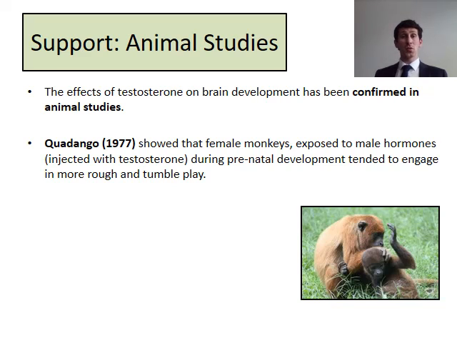They found that those monkeys tended to engage in more rough and tumble play, so more masculine behaviours, than other female monkeys. And this shows us that hormones masculinize the brain. Those monkeys that were given testosterone injections prenatally, it affected their brain development, and that went on to change their gender behaviour. However, we do have methodological issues with this.